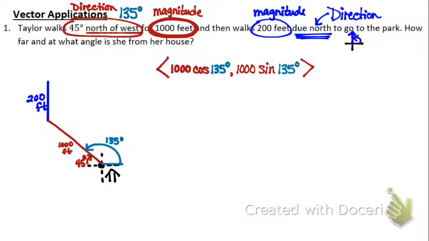And I always need to be measuring that from the positive x-axis. So that's going to be 90 degrees. So let's write the component form for that vector. What's this one going to look like? Magnitude 200. Cosine of 90 degrees. 200 sine of 90 degrees.